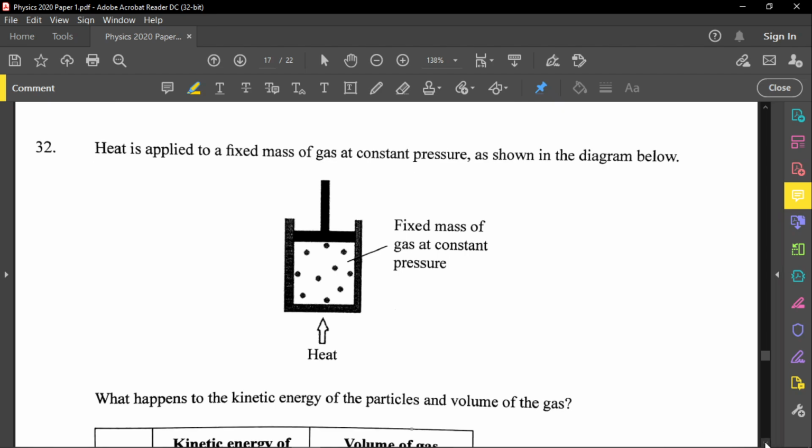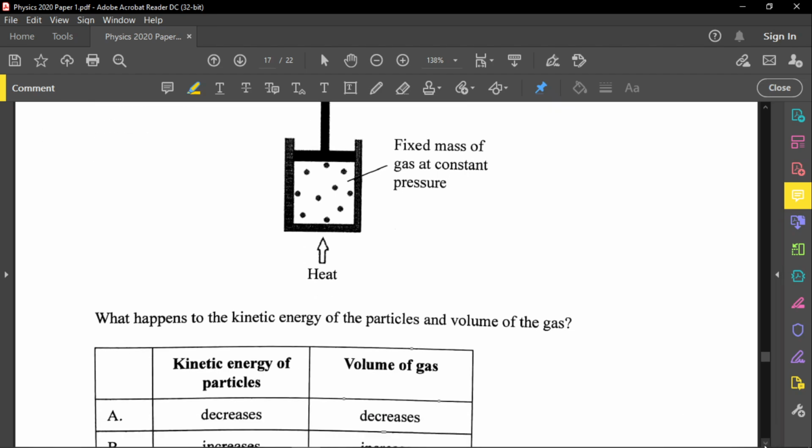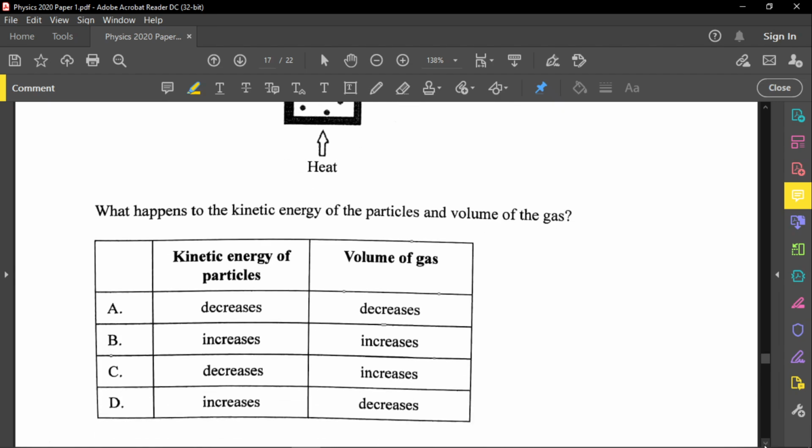Now, first and foremost, once you apply any form of heat to gas, they will move faster. Okay, so kinetic energy should what? Increase. And since you applied heat to the particles and they spread out, then they will get a larger volume. So here we're looking for increase and increase. So increase in kinetic energy and also increase in what? Volume. So option B is indeed our answer.